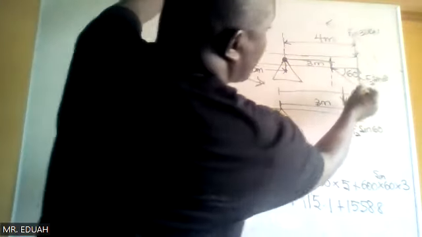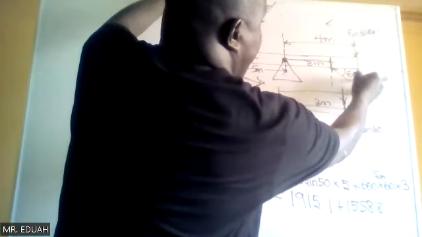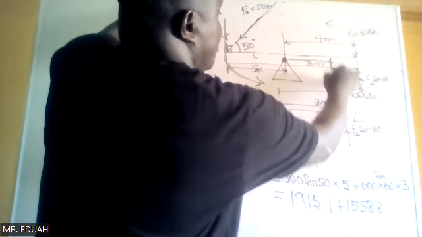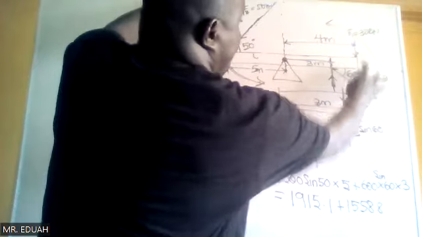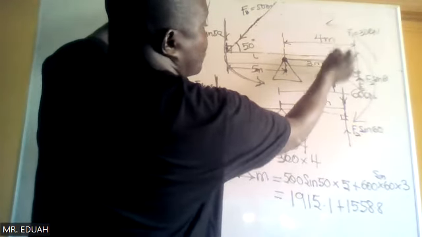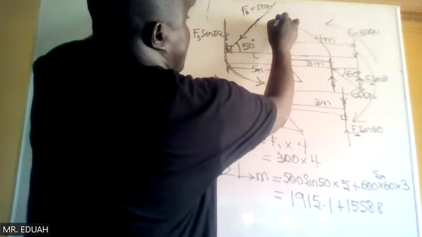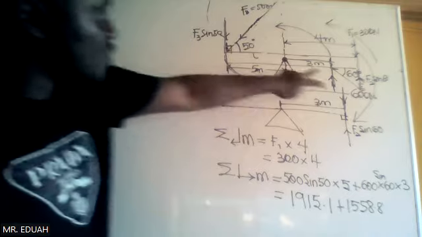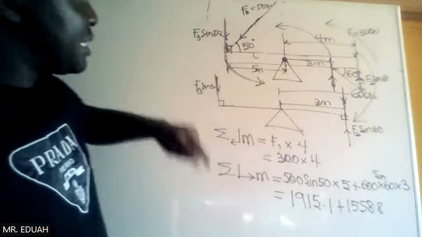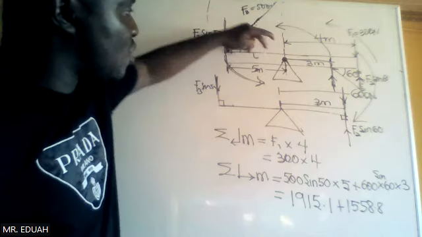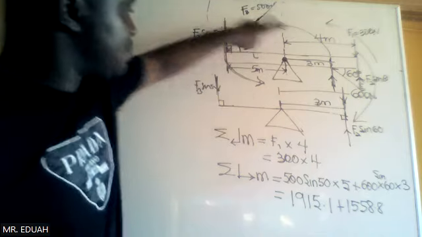F2 is also going up, isn't it? The component which is perpendicular to this will be here, and it's the same as what is here. This will also turn through anti-clockwise. This will also give me anti-clockwise moment. So I'm telling you the sum of anti-clockwise moment is this plus this.